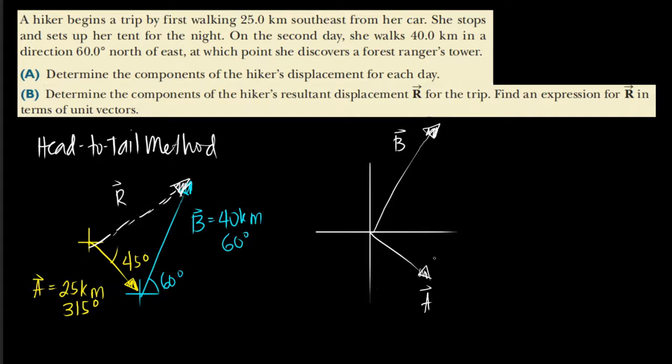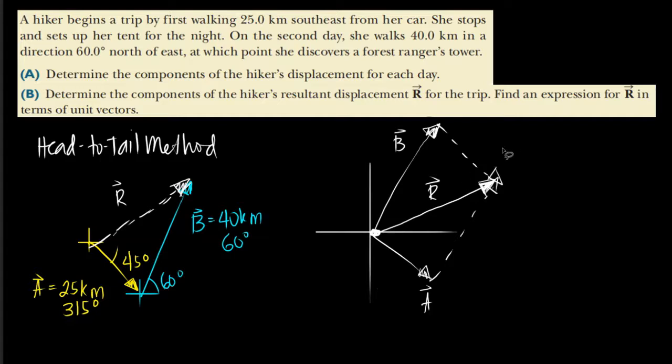We mirror our vector A here, opposite to it. And then let's mirror as well our vector B. And then the line that bisects this parallelogram is this, from the origin to the heads of our two mirrored vectors. This is our resultant.